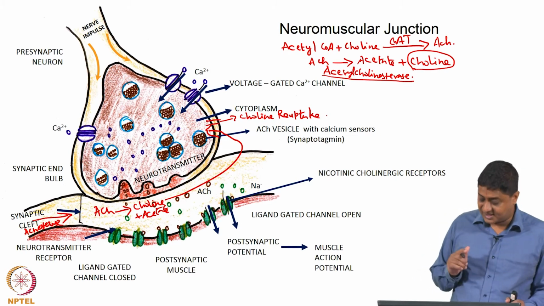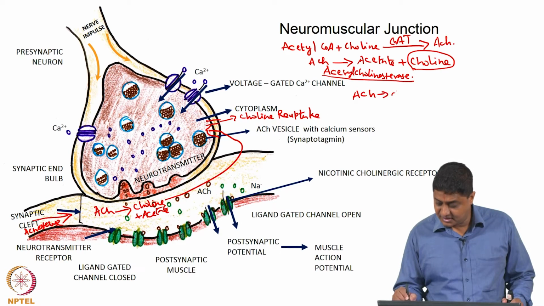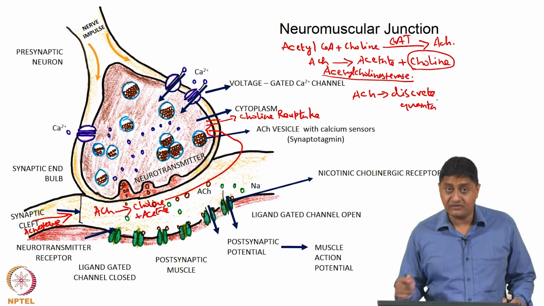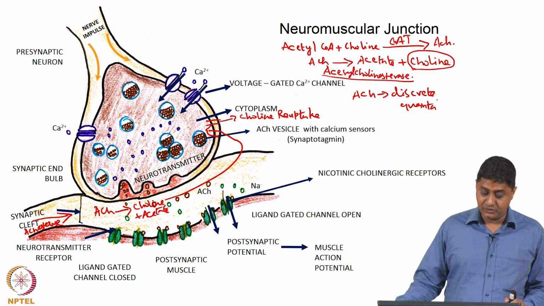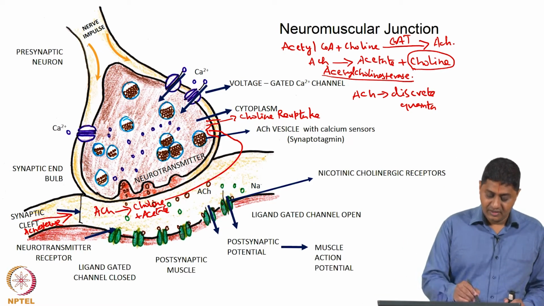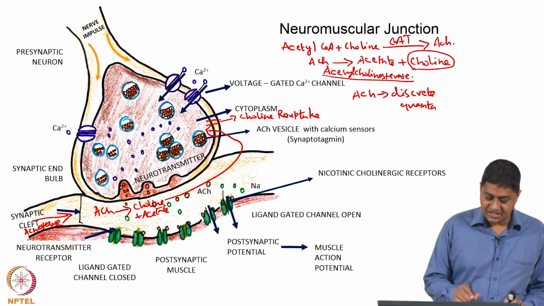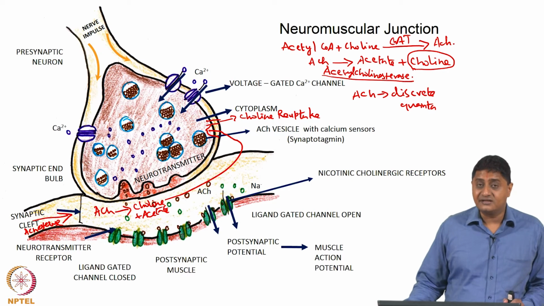We saw that in the previous class. ACh is released in discrete quanta, not continuously, and the amount of this release is related to the amount of calcium entering the cell due to depolarization, or due to the action potential.